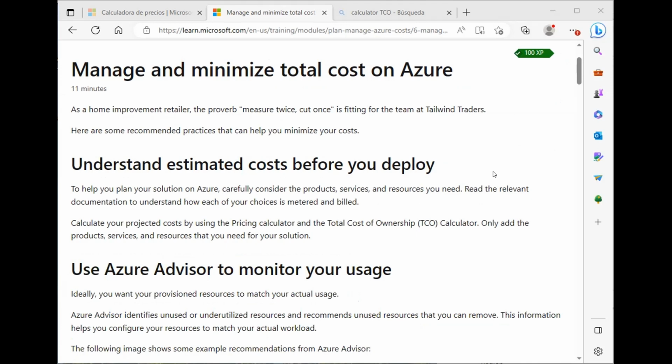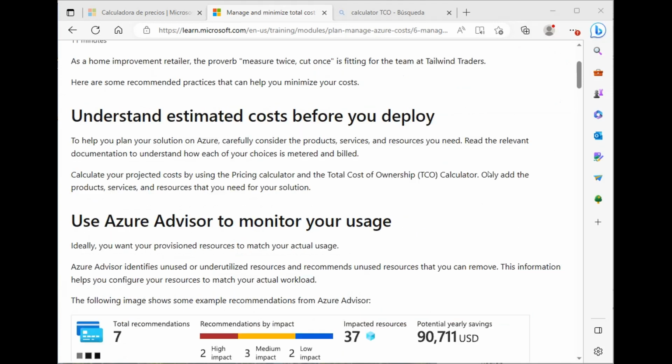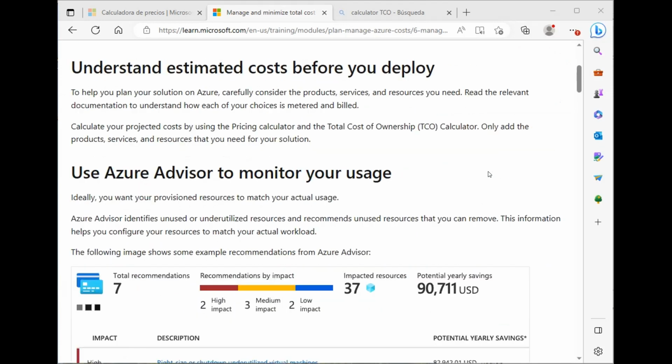Understand estimated costs before you deploy. To help you size your solution, carefully consider the products, services, and resources you need. Read the relevant documentation to understand how each of your choices is measured and valued.